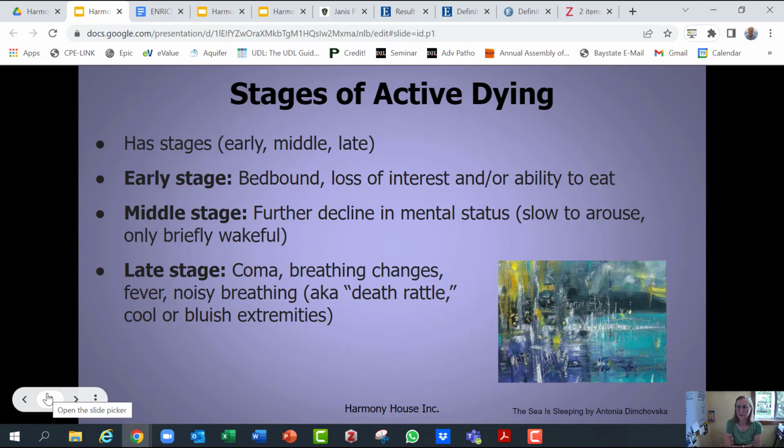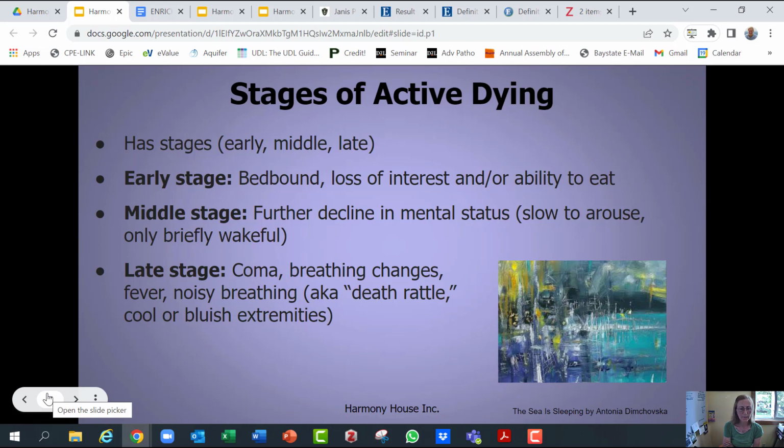Active dying has different stages. There's early stage, which is when a patient may be becoming bedbound. They're starting to lose interest and/or ability to eat. In the middle stage, there can be further decline in mental status. A resident may be slow to arouse or only briefly awake throughout the course of the day and night. And then in late stage, it can look more like a coma.